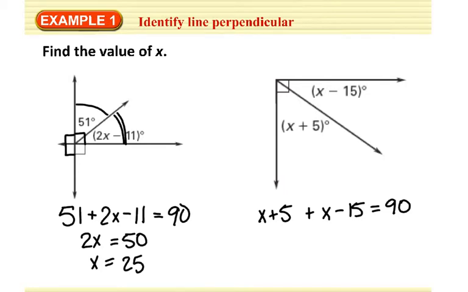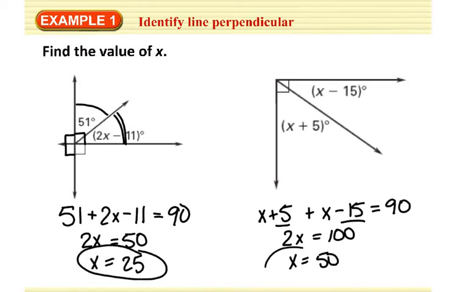So solve this for x. We're going to get 2x, and this put together gives us minus 10. Add that to both sides, we get 100. Divide by 2, get 50. There we go. So here are the values of x for these two, and that's how you're going to be applying these theorems. Okay?